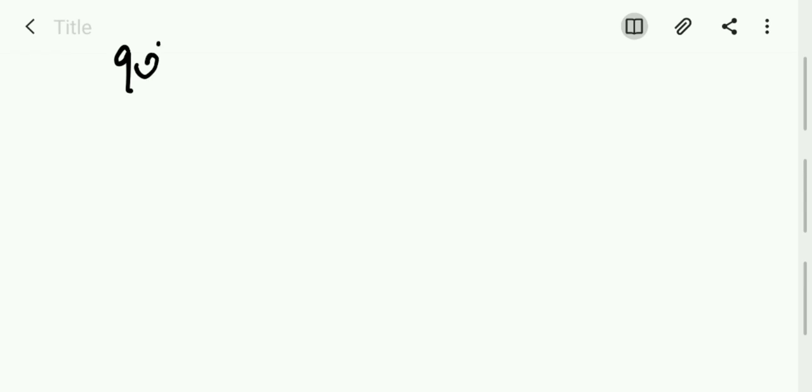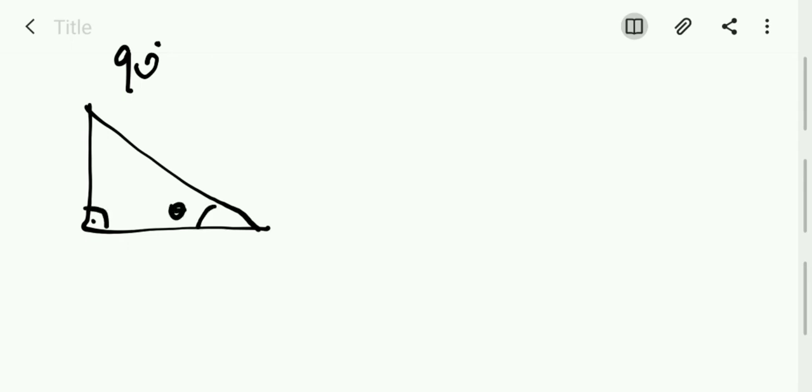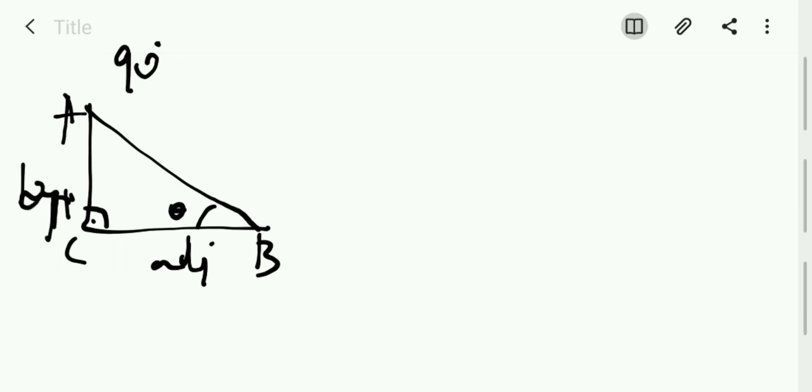90 degree. Now if this is a triangle ABC, this is 90 degree, and this is theta. Now this is your adjacent, this is your opposite, and this is your hypotenuse.